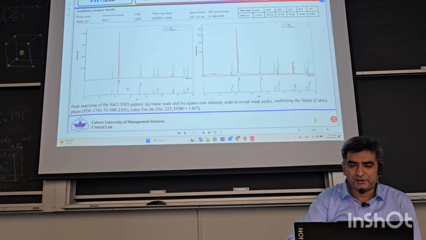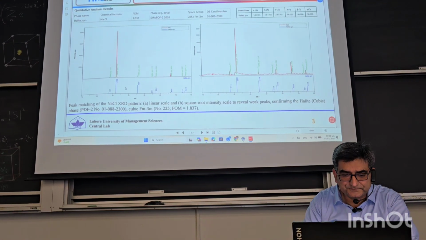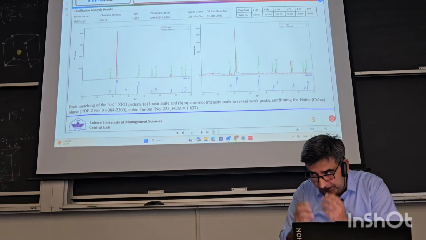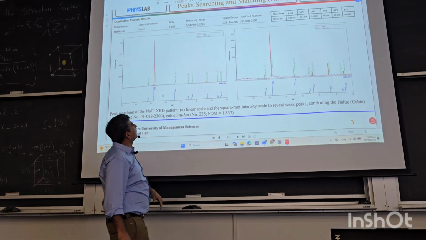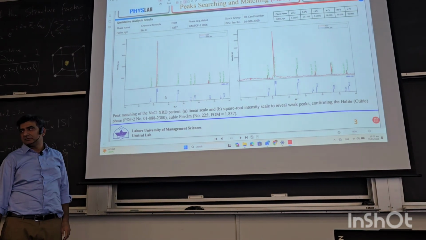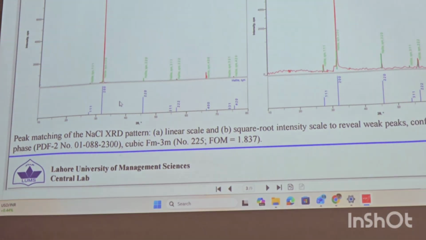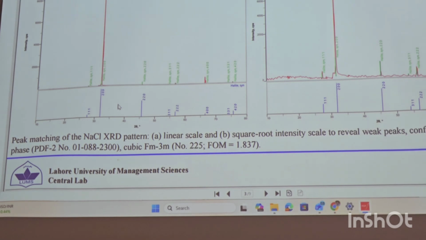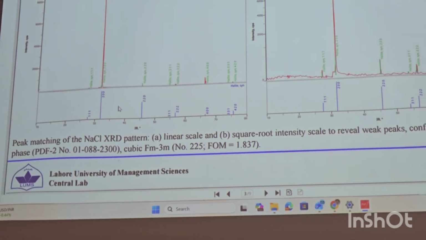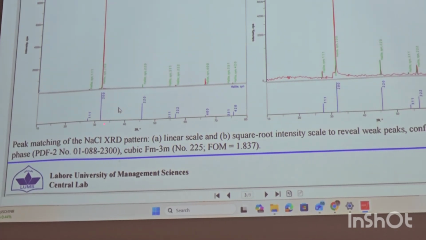What you do in these cases is that this is the ideal spectrum for sodium chloride. Here is the ideal spectrum.